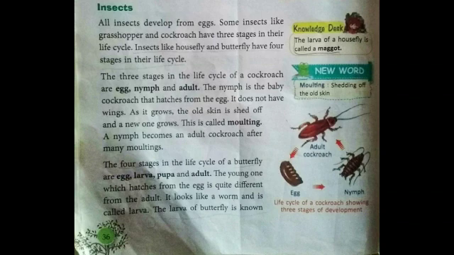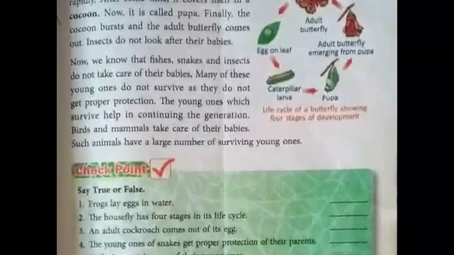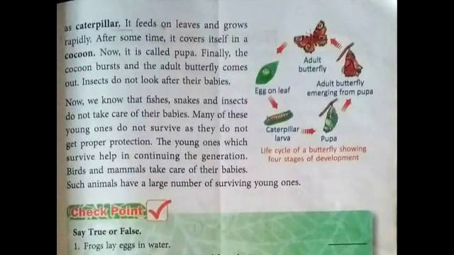Now let us learn about the life cycle of a butterfly. The 4 stages in the life cycle of a butterfly are egg, larva, pupa and adult. The young one which hatches from the egg is quite different from the adult. This is the picture of the life cycle of a butterfly showing 4 stages of development.